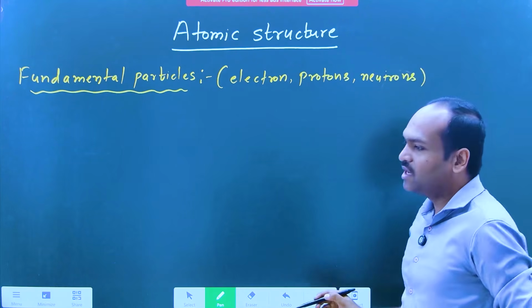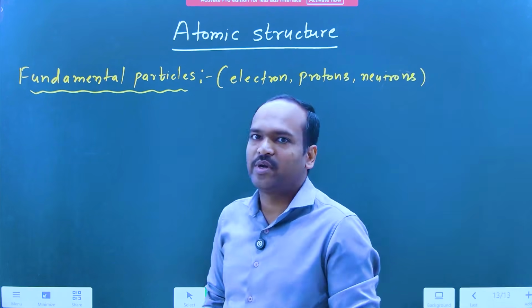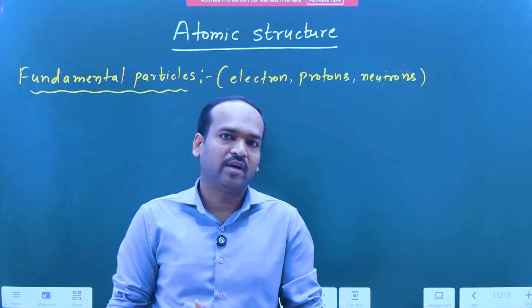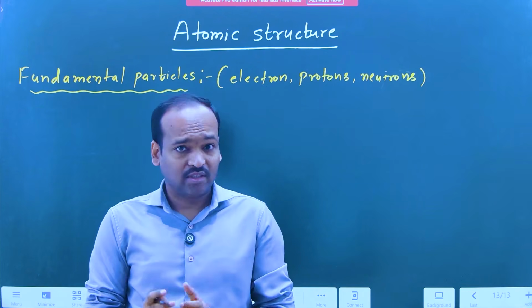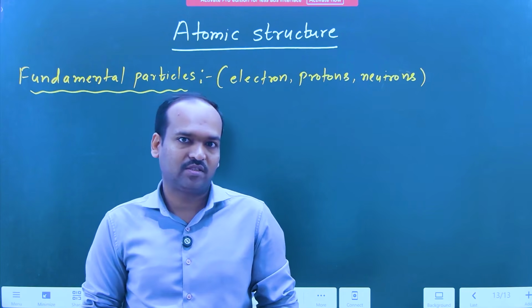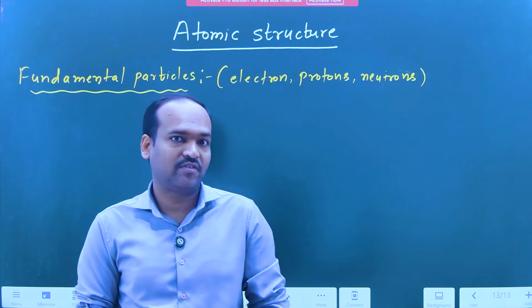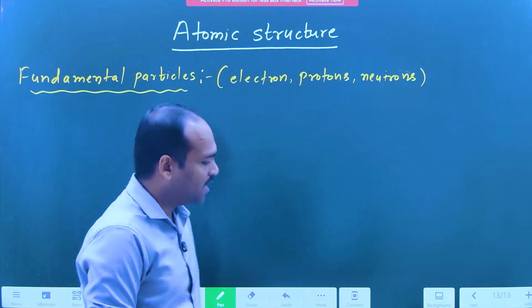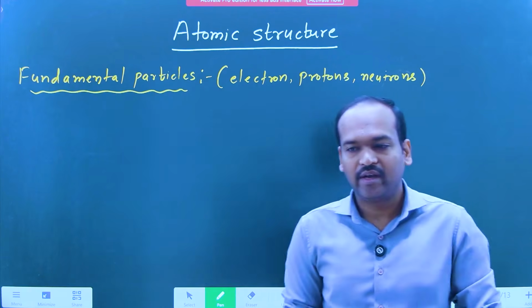Except electron, proton, and neutron, there are also particles present in the atom like positron and antiproton, but they are not the basic fundamental particles. So in our syllabus of atomic structure, we have to focus mostly on these three particles present inside the atom: electron, proton, and neutron.